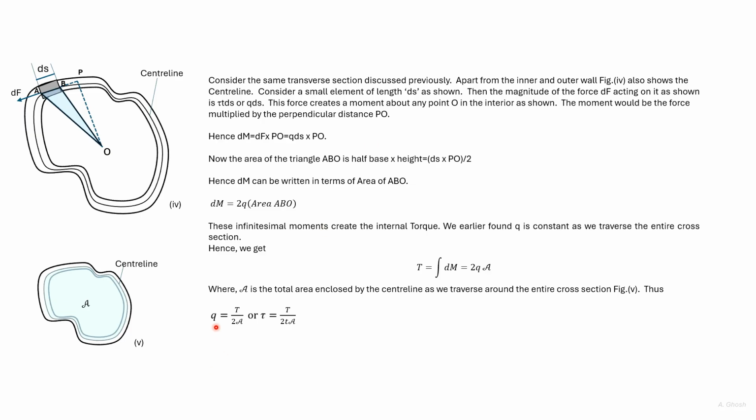So shear flow can be given as equal to the internal torque divided by 2 into the area within the center line. Or shear stress tau is equal to T divided by 2 small t into A, where small t is the thickness of a particular section and tau is the corresponding shear stress at that particular section.